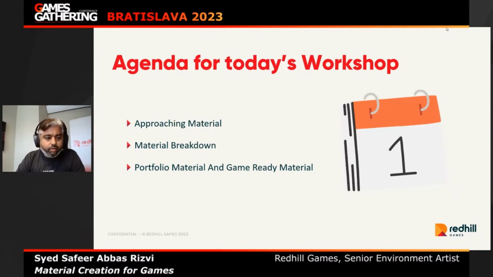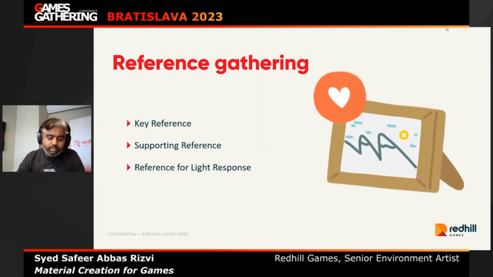First things first. Whenever I create any material, or honestly anything, it could be architecture, it could be anything, the first thing we do is reference gathering. There are three things I always keep in mind when gathering references. First, I gather the key reference, which is my main material that I'm focusing on and that's going to be my final result.